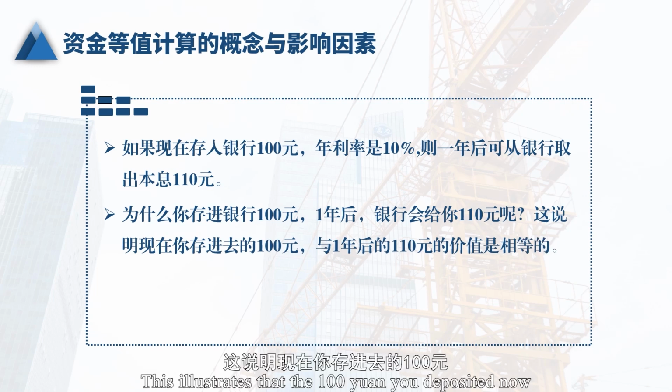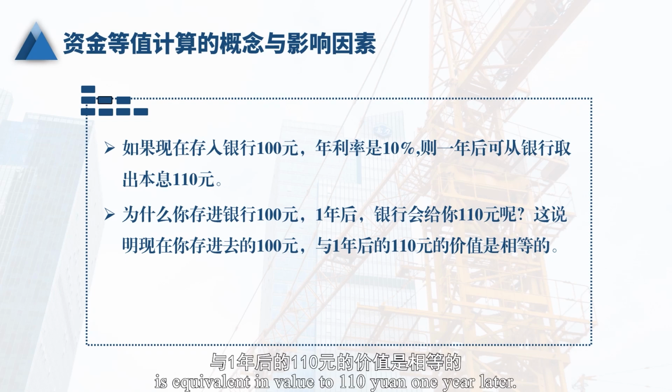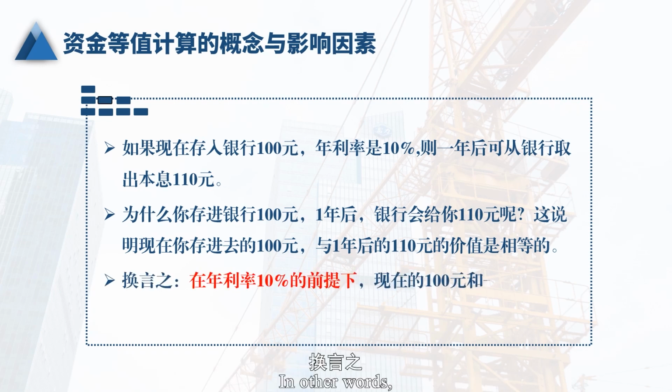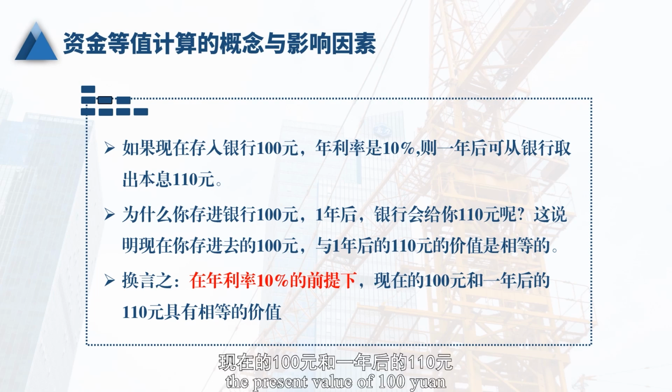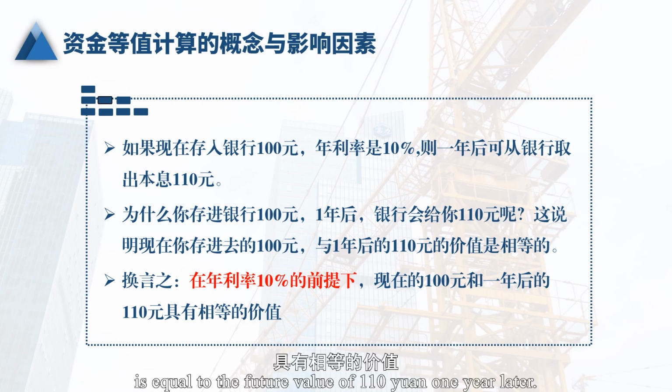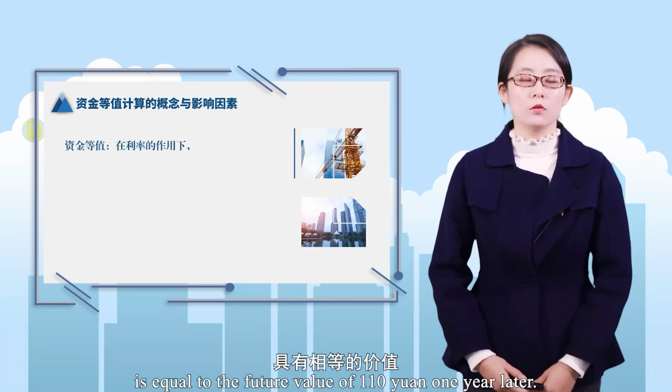This illustrates that the 100 yuan you deposited now is equivalent in value to 110 yuan 1 year later. In other words, with an annual interest rate of 10%, the present value of 100 yuan is equal to the future value of 110 yuan 1 year later.